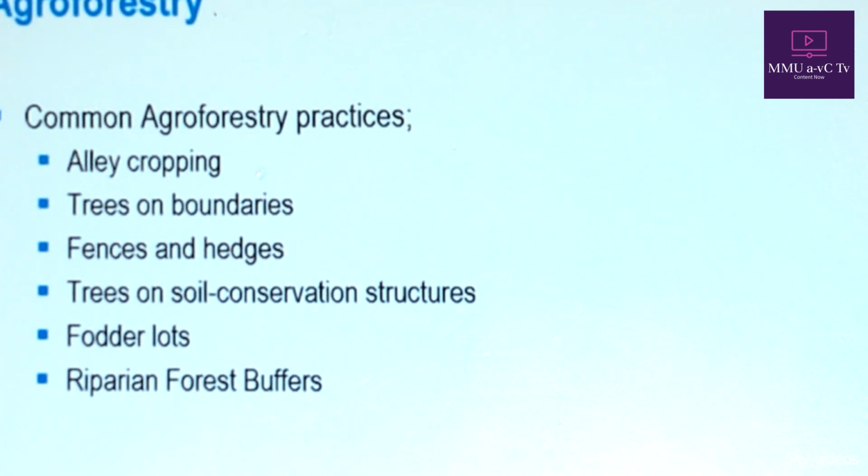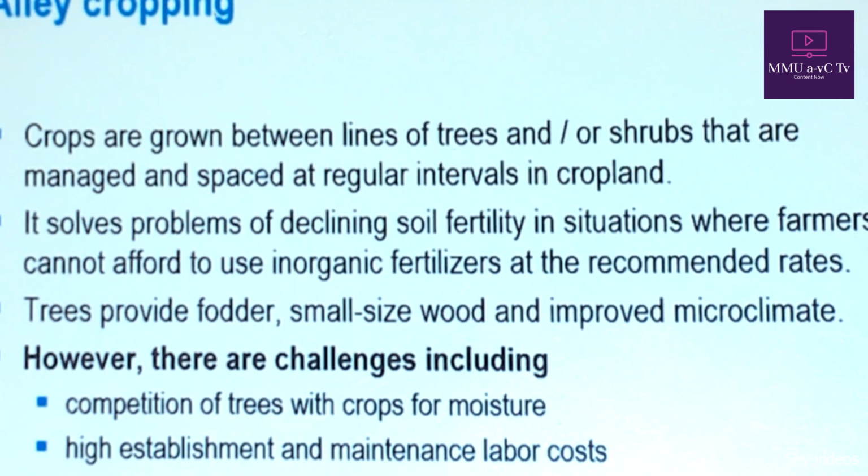and others. We also have alley cropping, where crops are grown between lines of trees and shrubs that are managed and spaced at regular intervals. It addresses problems of declining soil fertility in situations where farmers cannot afford to use inorganic fertilizers at the recommended rates, and the trees provide fodder, small size wood, and improved microclimate.